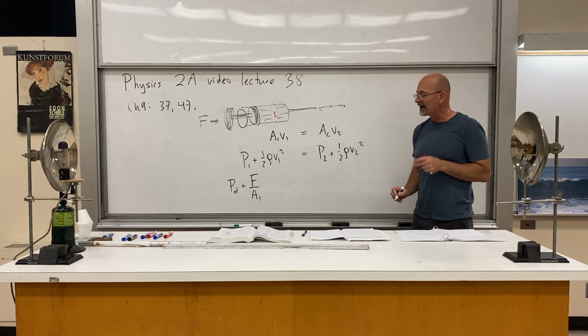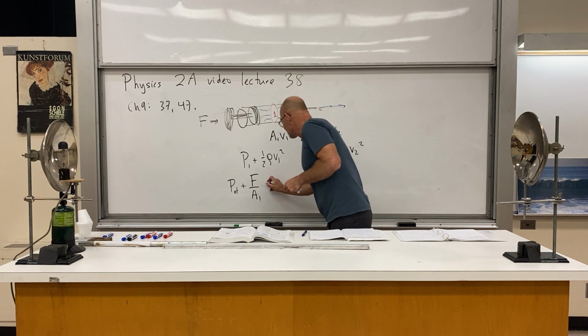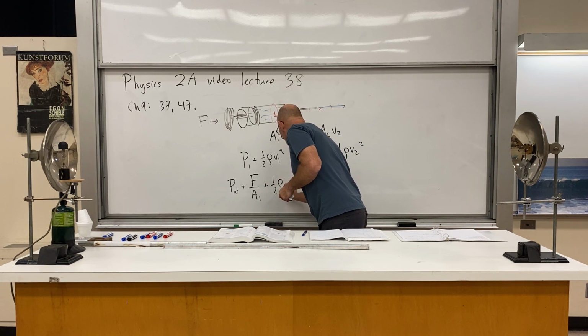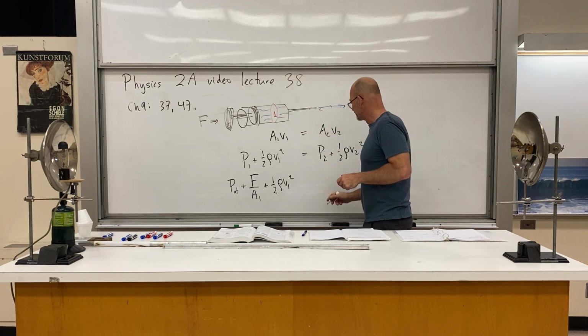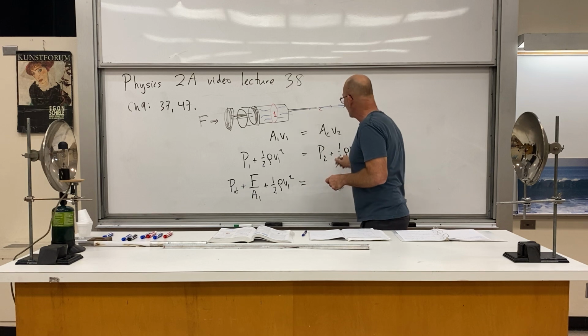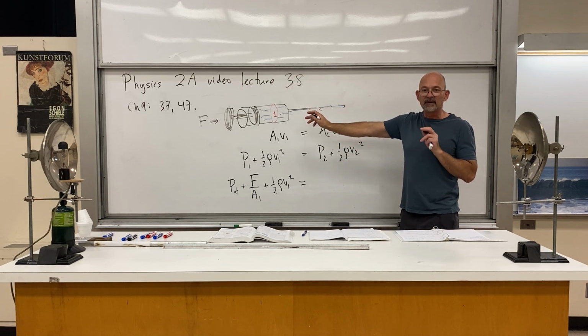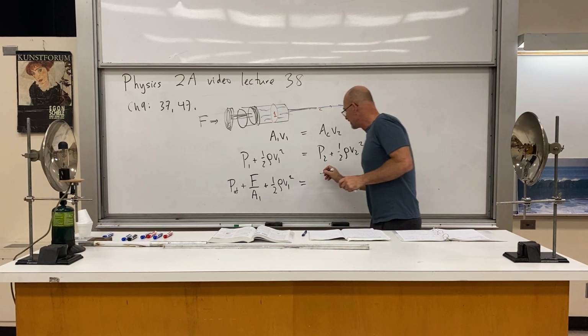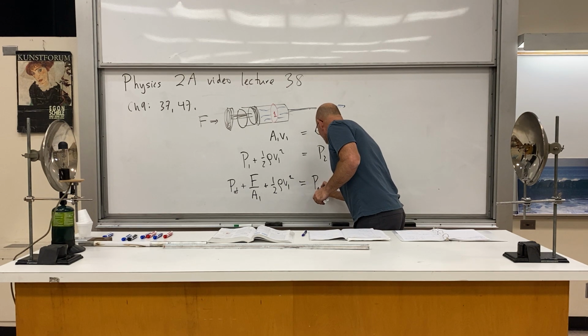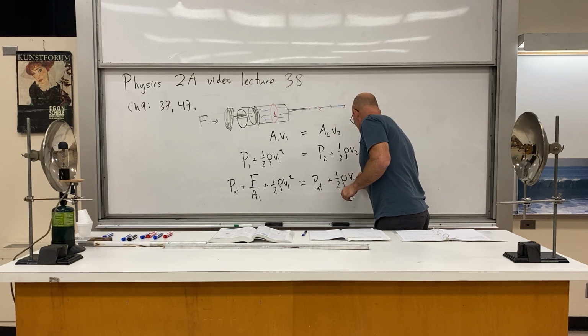Okay, so that's the pressure plus 1/2 rho V1 squared. That's the speed of the fluid over here. Now pressure sub 2, we've done this a couple of times. It's the atmospheric pressure because that's right where it's coming out. So that's atmospheric pressure plus 1/2 density V2 squared.